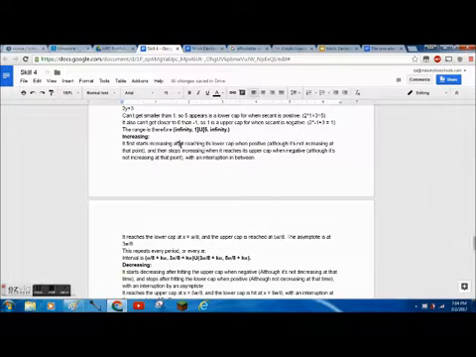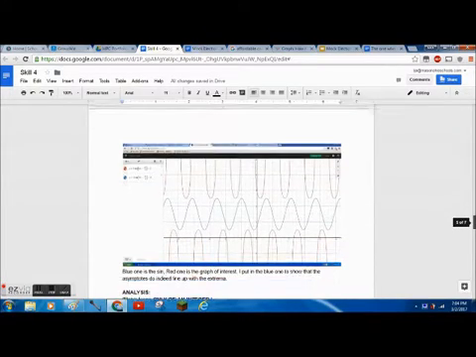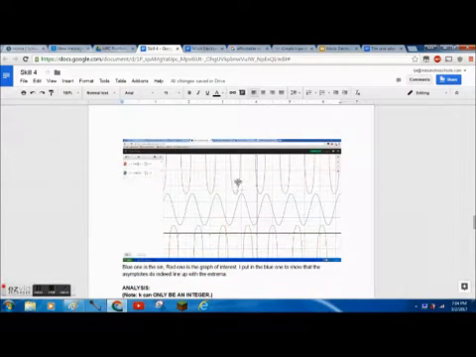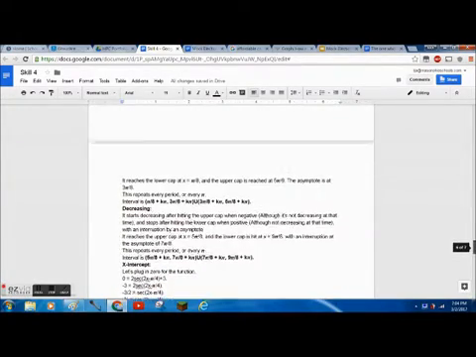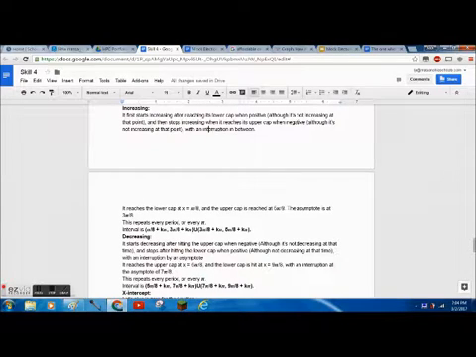It first starts increasing after reaching its lower cap when positive, and then stops increasing when it reaches its upper cap when negative. When you look, lower cap when positive, upper cap when negative. There is an interruption in between, the asymptote.